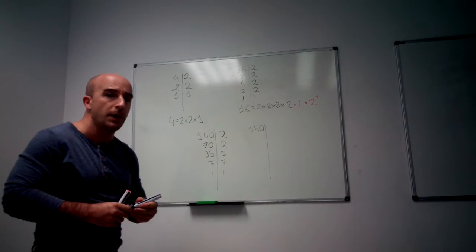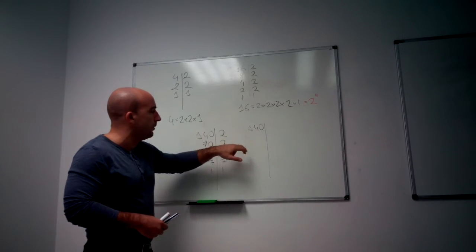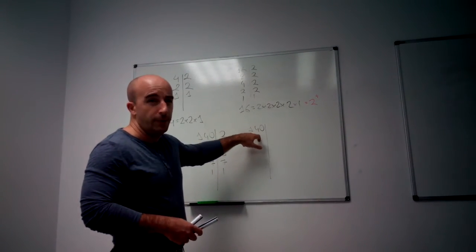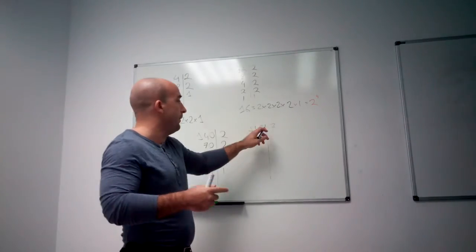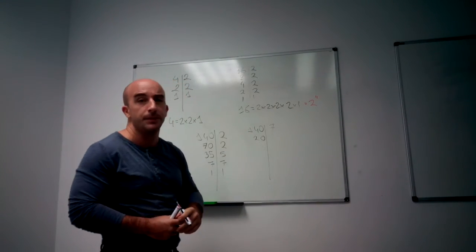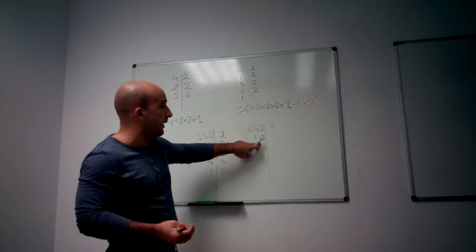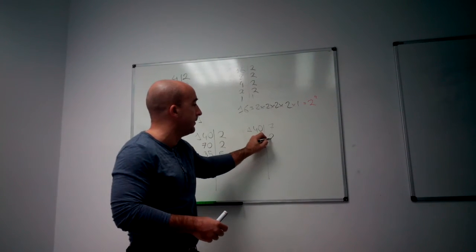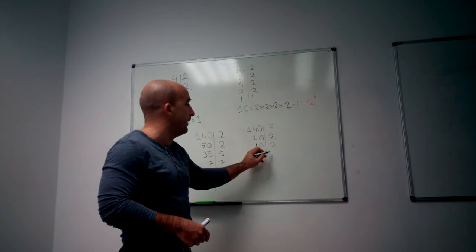Okay? Using the other approach, instead of dividing by 2, you can see there that 140 can be divided by 7, because 14 can be divided by 7. If you divide that by 7, it gives 20. You can use either divided by 2 or divided by 5. Let's divide it by 2, gives 10. Divide that by 2 gives 5, 5, 1.